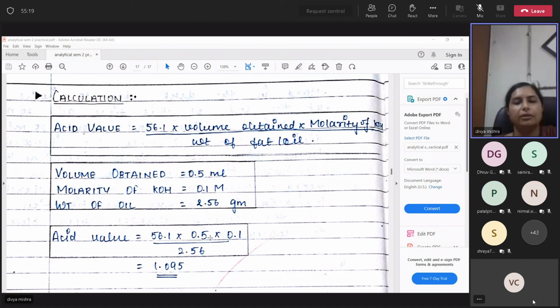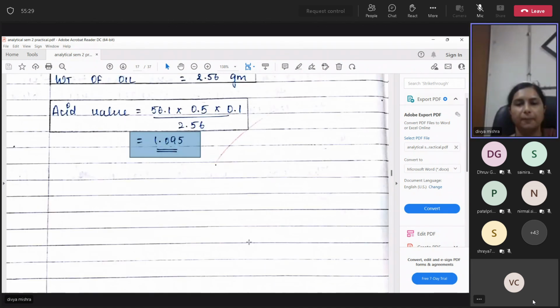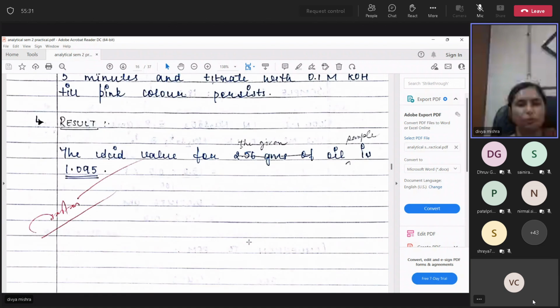The weight of the substance we have taken is 2.56. After calculation, it is found to be around 1.095. So we will report it as: the acid value for the given sample of fat or oil is found to be around 1.095.